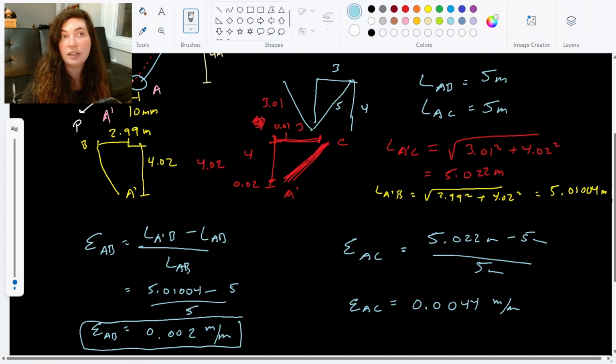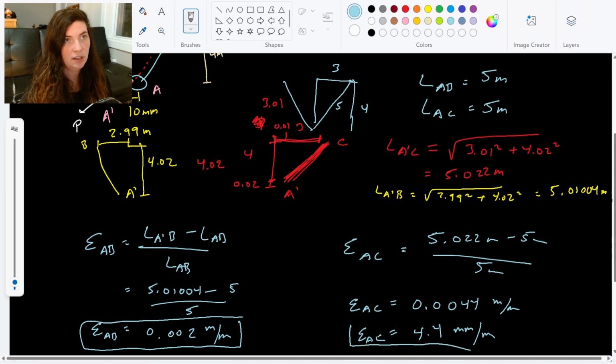And again, you don't necessarily have to write it like this. We could have written this as, if I move my decimal point over, 4.4 millimeters per meter. So my strain here is saying that when this stress is applied and I undergo this deformation, the deformation is that it moves 4.4 millimeters per meter of length that I have. That's what the strain is describing. It describes that deformation.